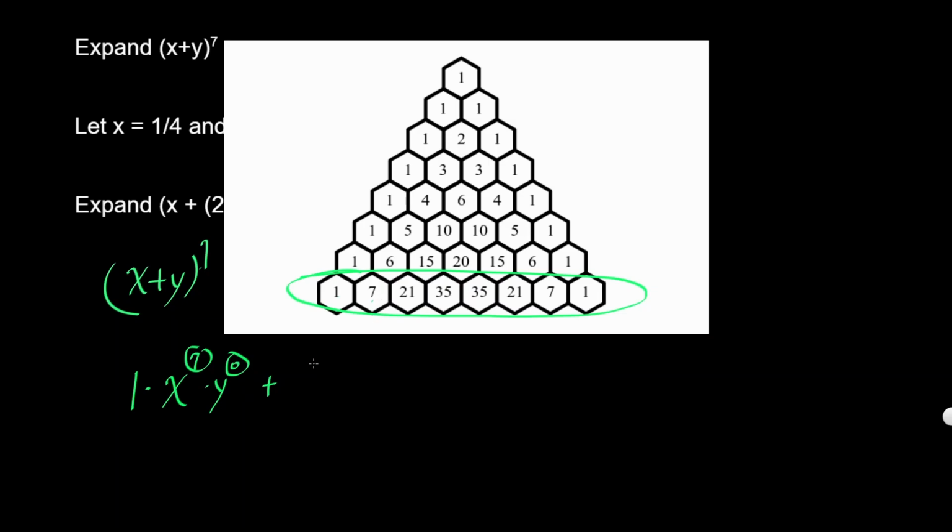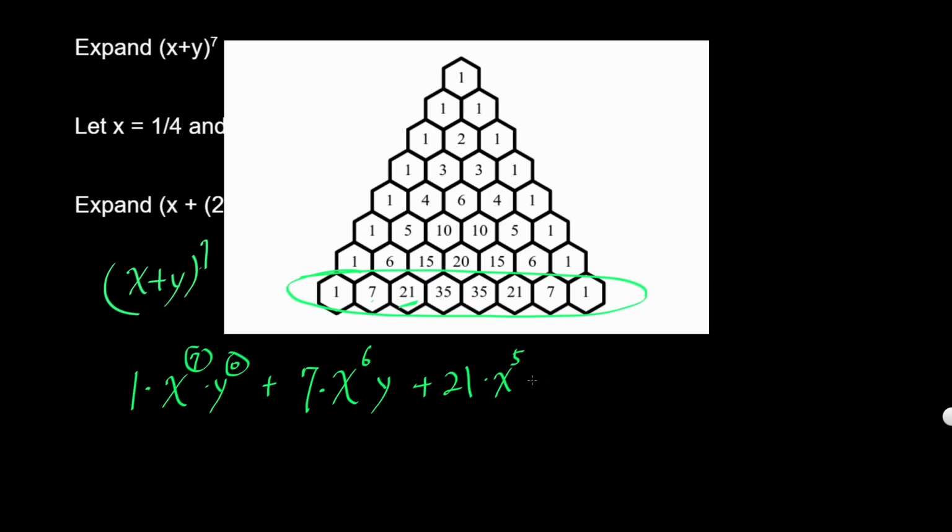Plus, now the next term coefficient is 7 times, now x power decreases by 1, so that becomes x to the 6th. And then y increases by 1, so y to the first power, which is just y, so I'm not going to write it. Plus, it's always plus. The next coefficient is 21 times x to the 5th power.